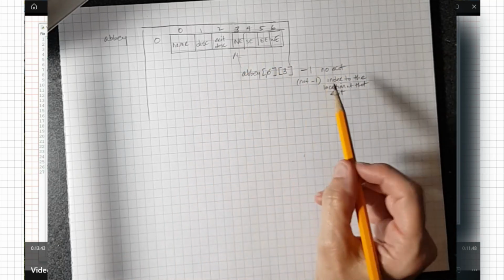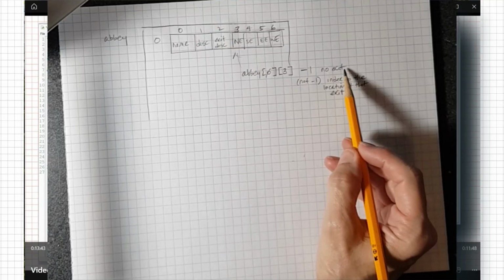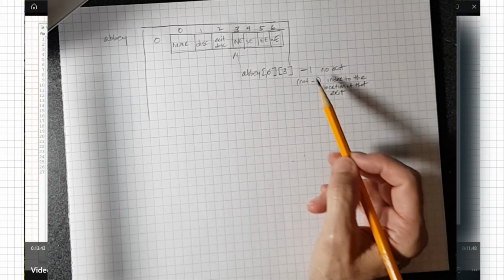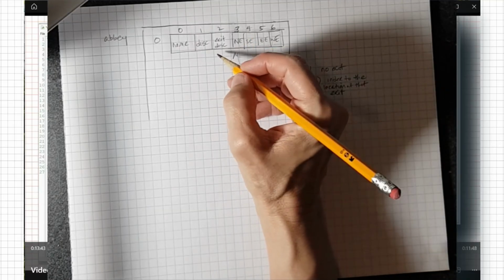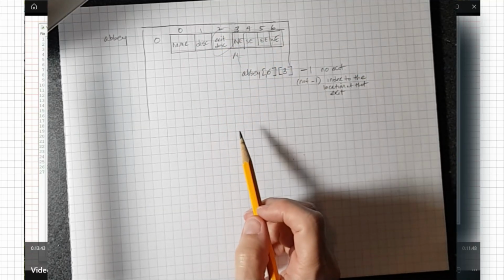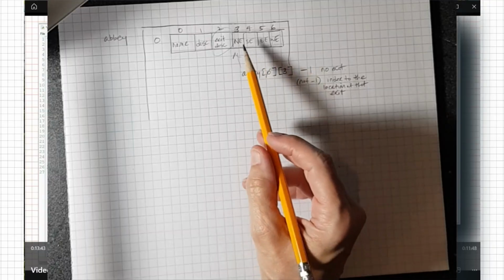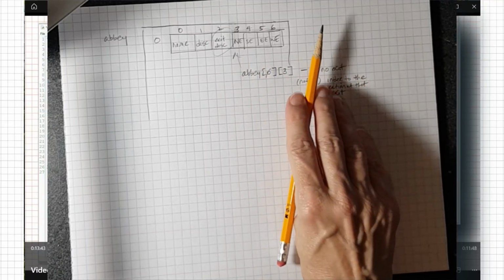So that's north. If it's -1, there's no exit to the north. And if it's not -1, there is an exit to the north. That's really all we care about for writing the exit description string. Is it -1 or is it not -1?